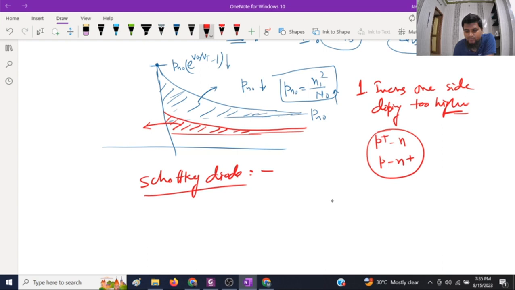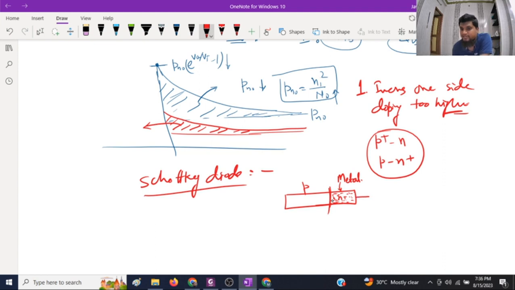In case of a Schottky diode, what we do is we have a P-type semiconductor, and on the other side, instead of N plus, we have metal. So this is not a semiconductor, we have simply metal. So the storage charge in this region will be no stored charge. A lot of electrons are over here, very high, so there are no holes on this side.